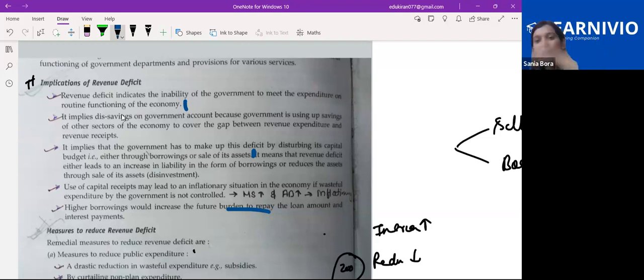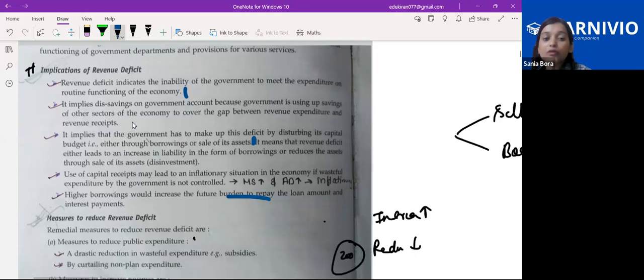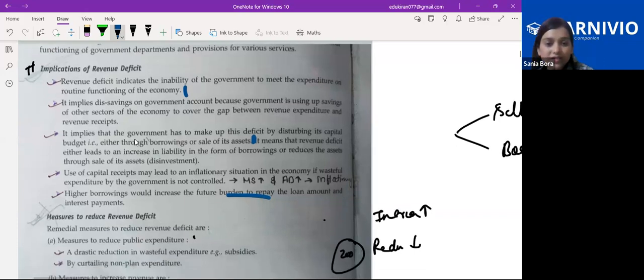Saving is adding money in the piggy bank, taking out the money is dissaving. So government has to do this dissaving, because government will be using the savings of different sectors to cover up the gap between the expenditure and the revenue. Clear?